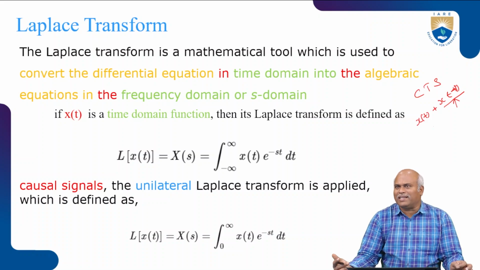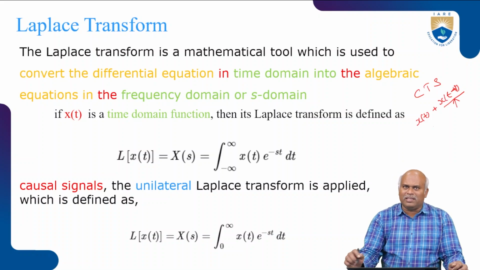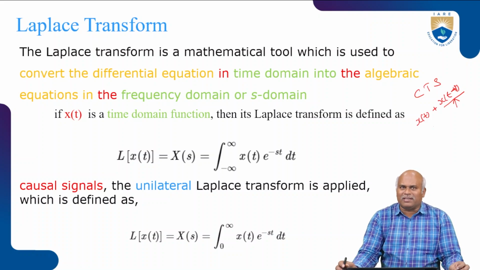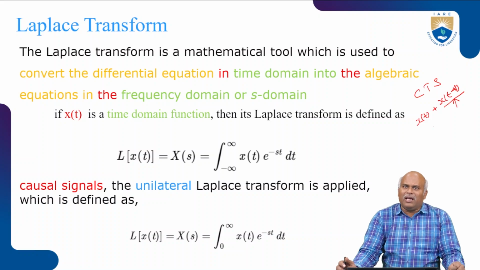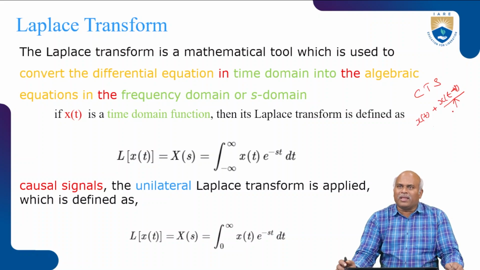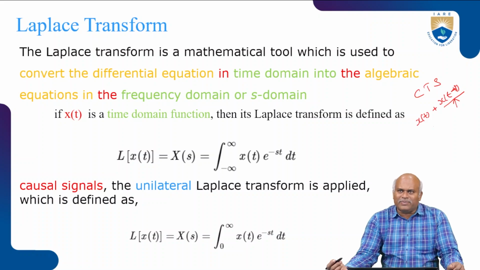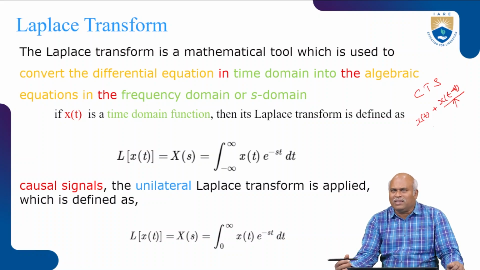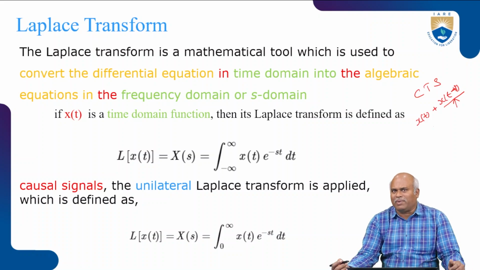Previously we studied x of t minus 1 as a time shifting of one position to the right side. But this condition we consider with the differential equation in the time domain. So we take the Laplace transform, and it is converted into the frequency domain, or S domain.